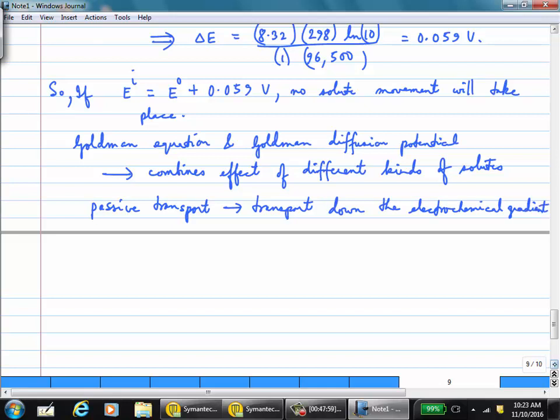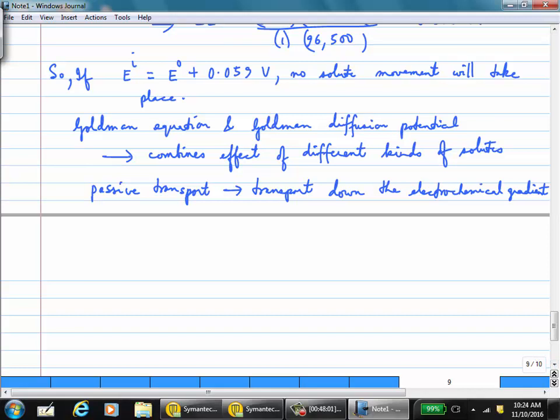And active transport will be just the opposite. You can go uphill, but you have to supply energy. If you want to move water up, you have to supply extra energy. So active transport is transport against the electrochemical potential gradient. So it's uphill transport, and that requires energy input.